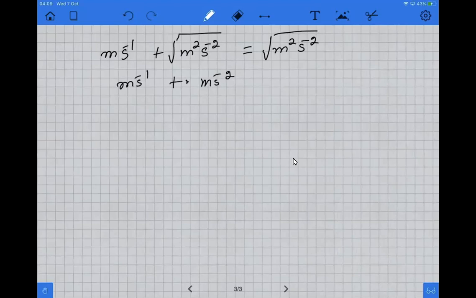After doing under root, it will also become meter second minus 1. On the right hand side, it is already meter second minus 1. So it is homogeneous.